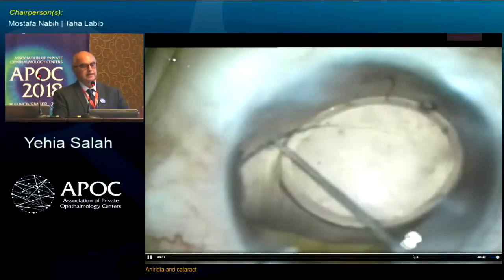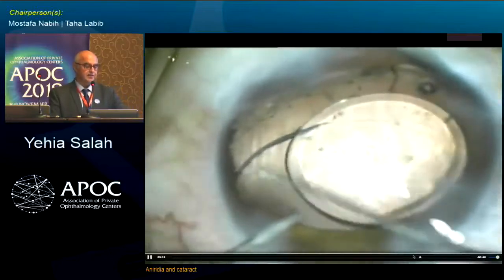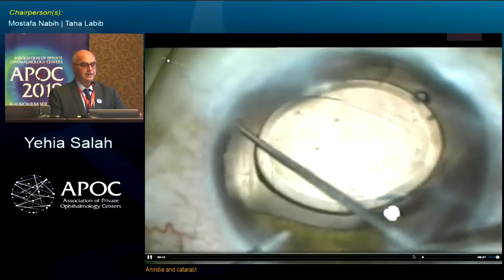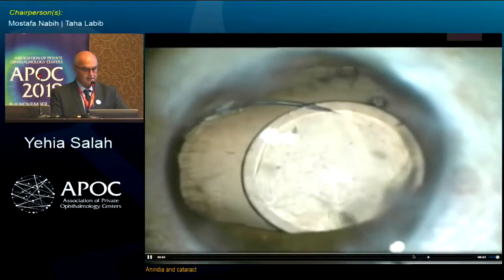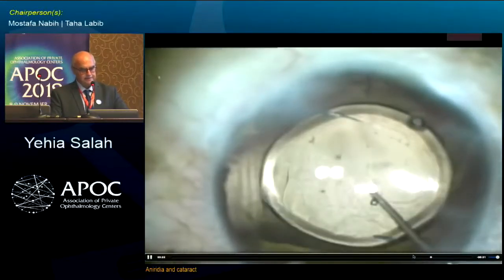Then implanting the lens in the capsular bag. This is a three-piece lens that will help the capsule tension ring to center the capsular bag.